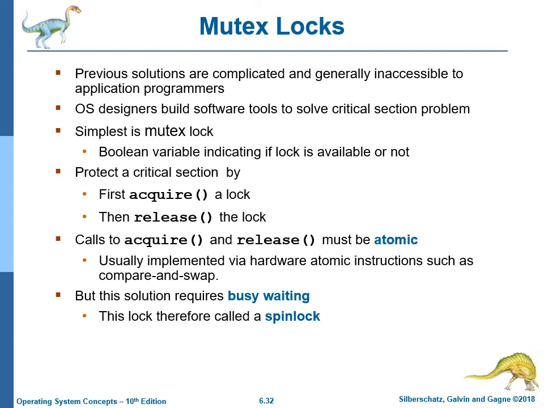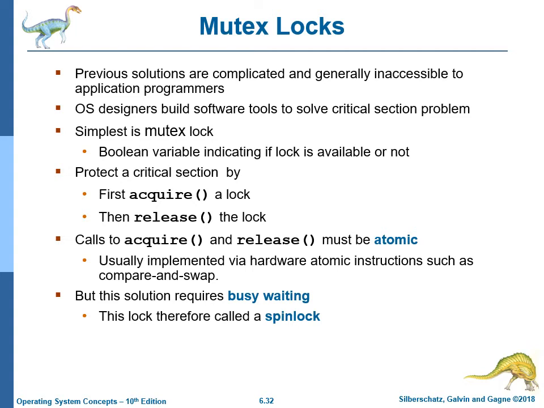Therefore this type of mutex lock is called a spin lock, because the process will spin while waiting for the lock to become available. Why is it called a spin lock instead of a mutex lock? Because the other process keeps spinning, busy waiting, calling the acquire function in order to request the lock so that it can enter the critical section.